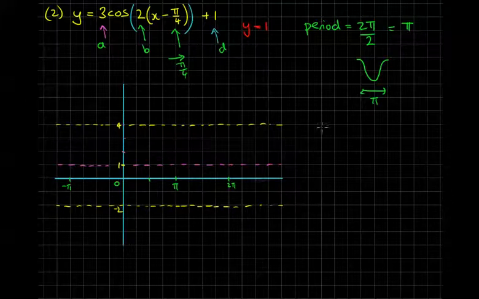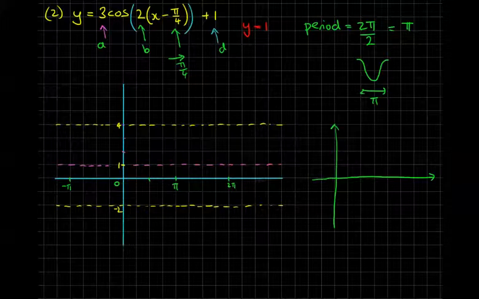Now what I tend to do is this: before I begin drawing my sketch, I remind myself of what the cosine wave originally looks like, and I remember the key points. So cos of 0 equals 1. Then at π/2, you get 0. At π, you get −1. At 3π/2, you get 0 again.